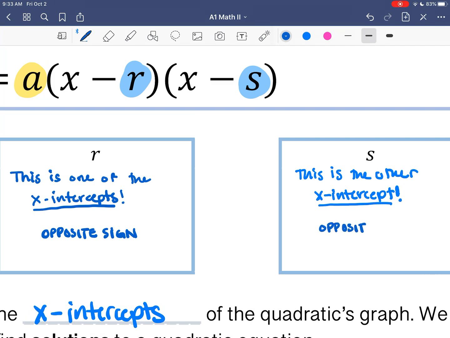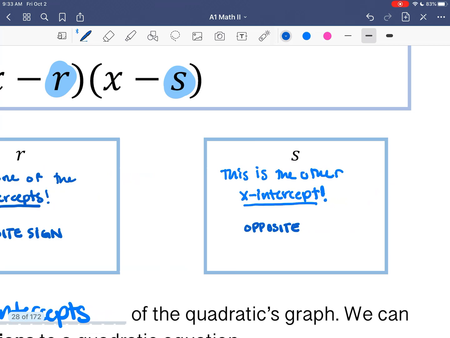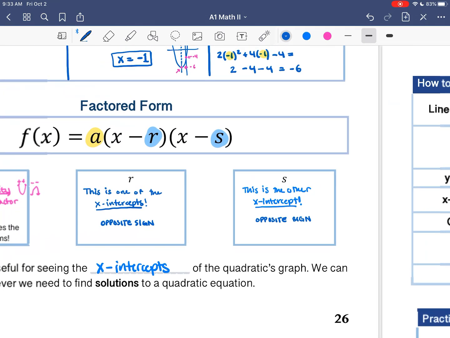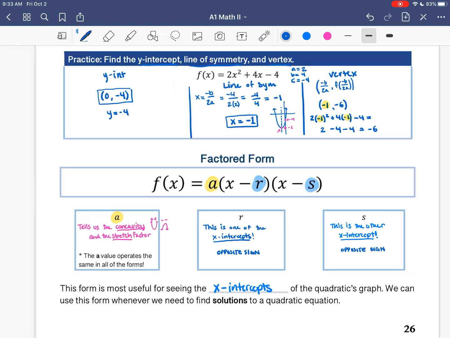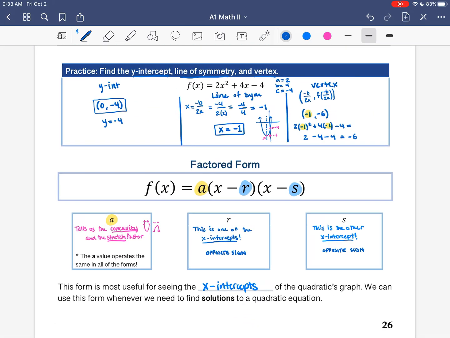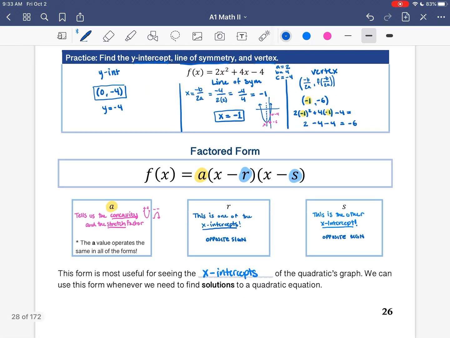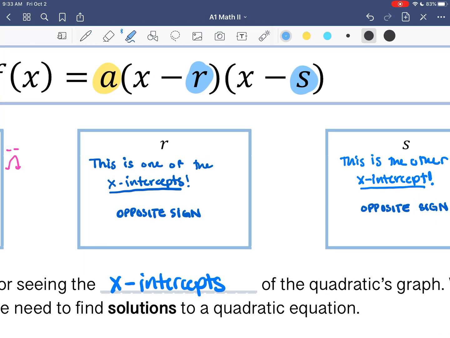Both of them are. So it feels a little bit opposite there, which makes sense. But we switch the signs for the x-intercepts. We'll learn more about why that's the case when we actually graph stuff and actually next unit when we're solving things.